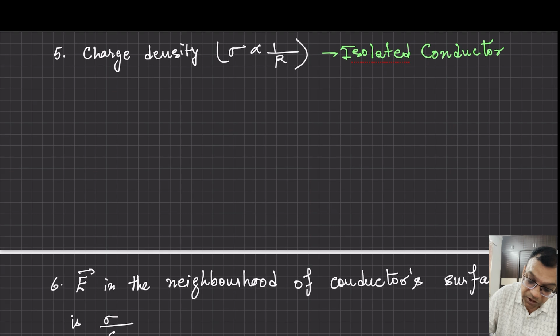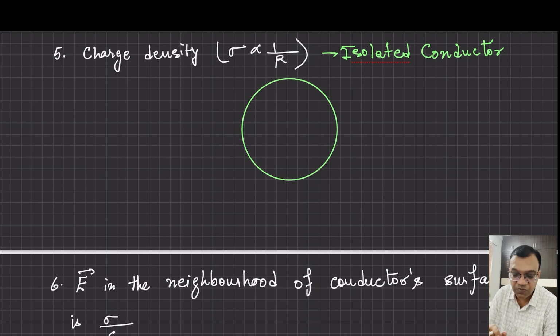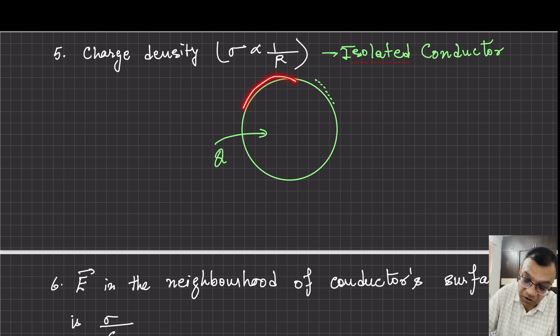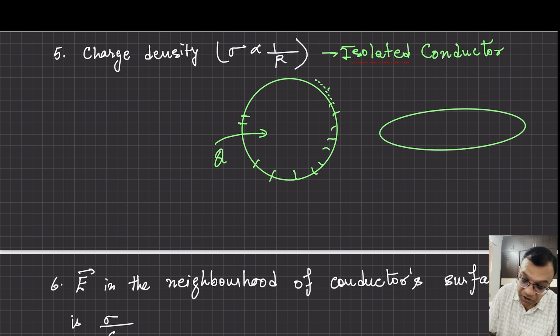If we have an isolated conductor like this, and isolated means nothing is present near it, and we give some charge to it, then it is going to reside on its outer face. Now, depending upon the radius of curvature at different points, let us say I draw another shape like this. Now, this one is spherical.